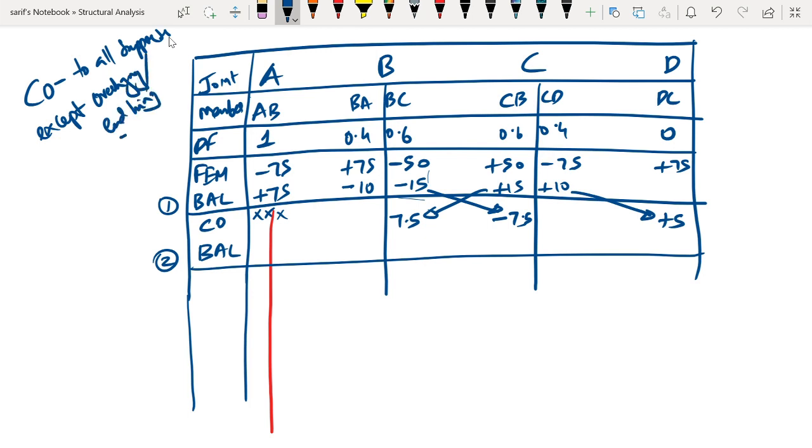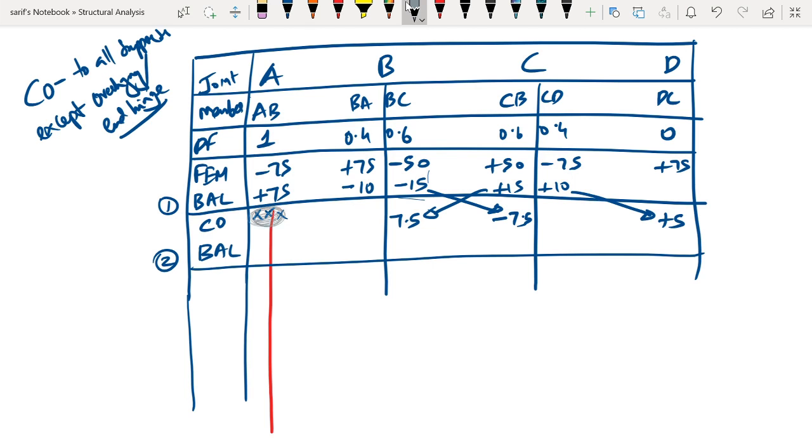So if you look in this particular row, the only point where there should not be any carryover is this particular point. This is the only point where there should not be any carryover.